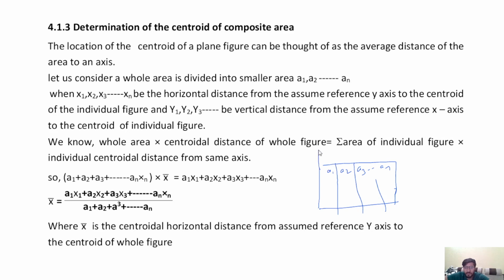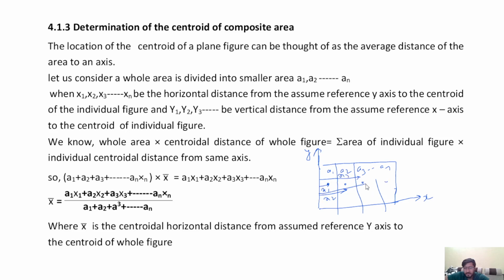This is the assumed reference x-axis, and this is the assumed reference y-axis. So this is the distance x1, this is the distance x2, this is the distance x3, and this is the distance xn.